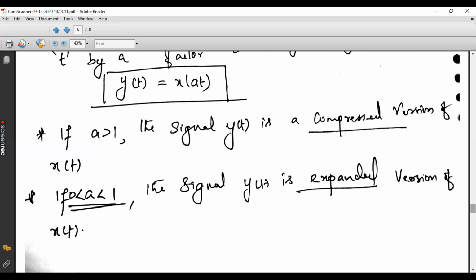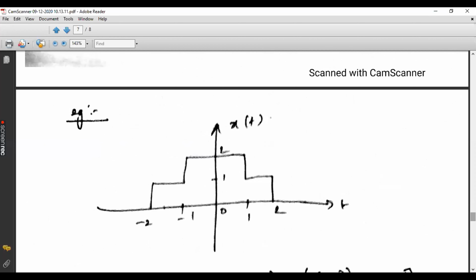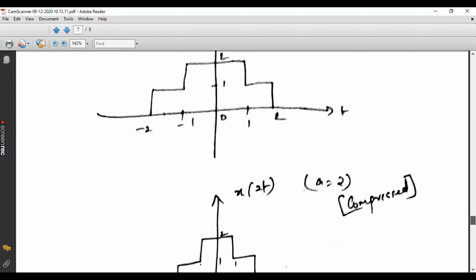Draw this example and try to plot. After drawing, you need to plot x of 2t.